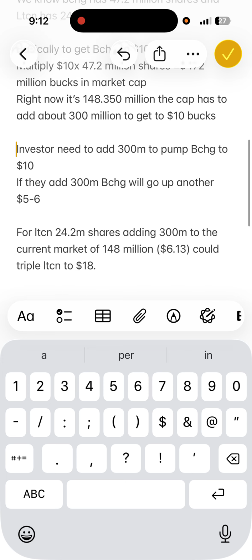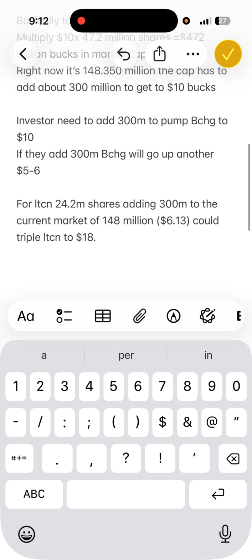And for LTCN, if they were to add 300 million into the market cap of LTCN, which is 148 million right now, or $6.13 per share, then it can actually triple up to $18.